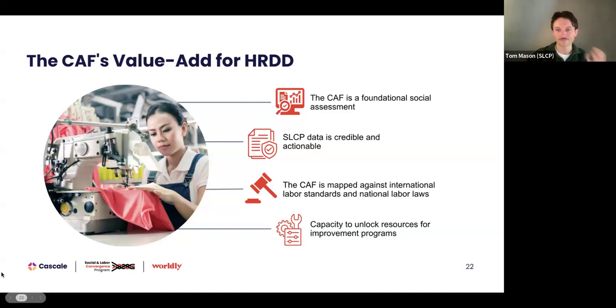So for that, this tool, the CAF, has a unique added value in this context because we have 270 signatories and over 95 brands that are accepting the tool. So jumping on to the next slide.